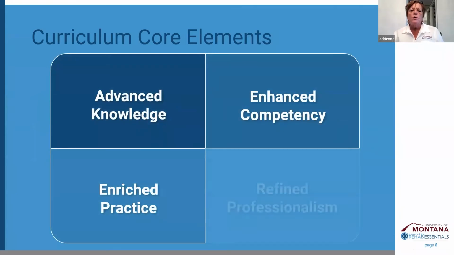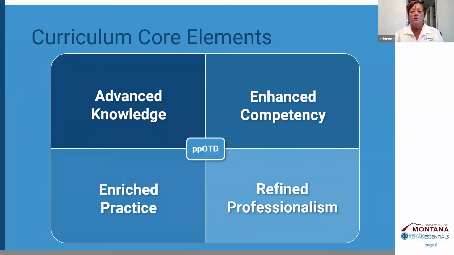So these are the 4 core elements or areas that we continuously thought about and revisited and focused on in developing the curriculum. That is, how do we advance the knowledge that you're going to be able to use moving forward? How do we enhance competencies in the profession of occupational therapy?